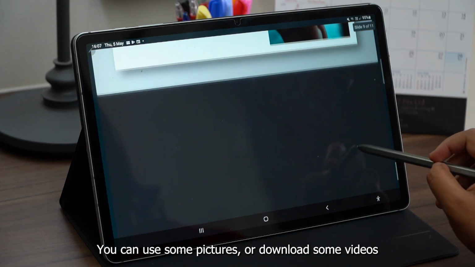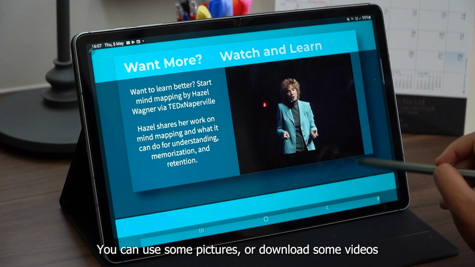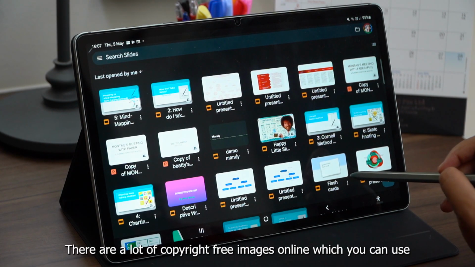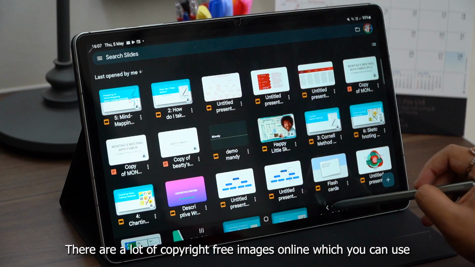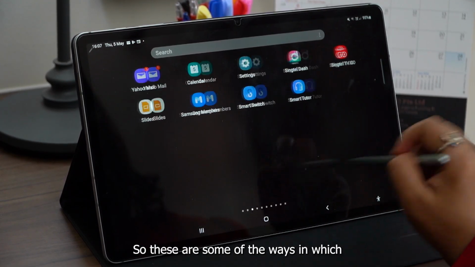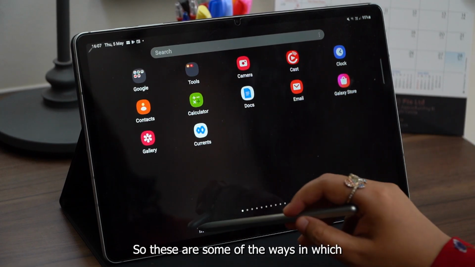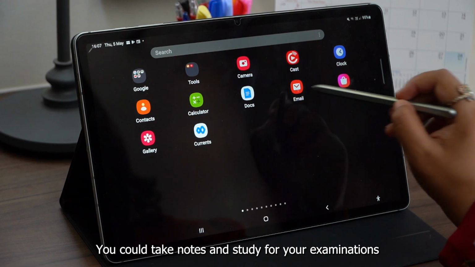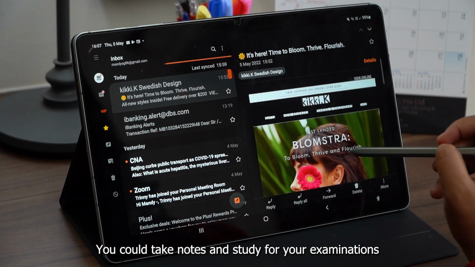You can use some pictures, download some videos, so as to help you remember the points better. There are a lot of copyright-free images online which you can use. So these are some of the ways in which you could take notes and study for your examinations.